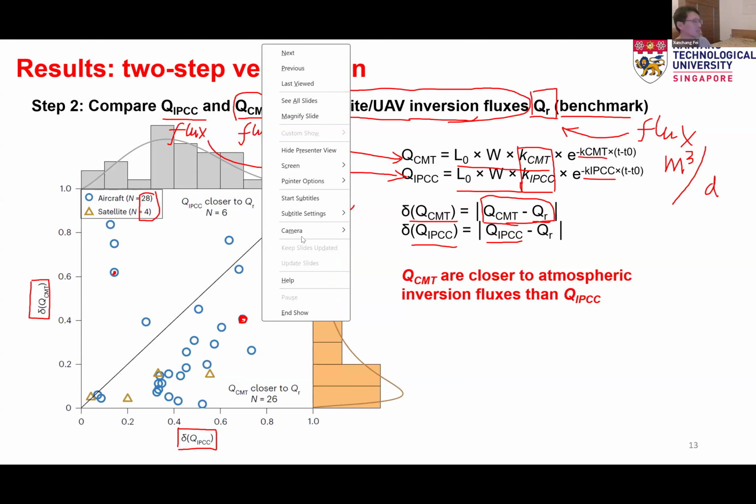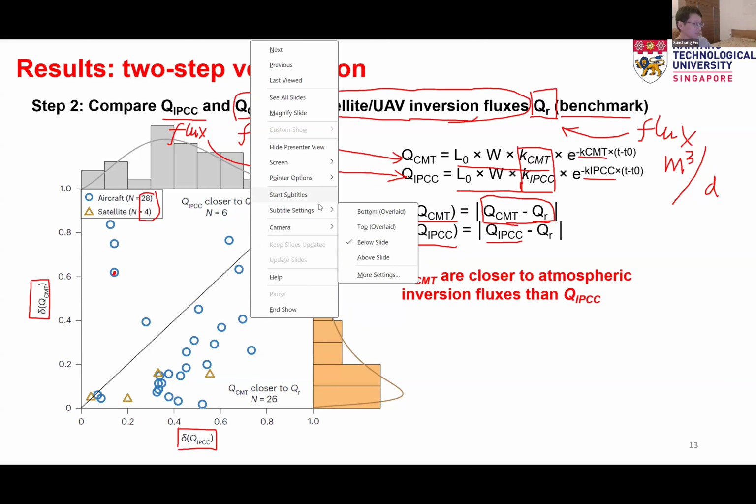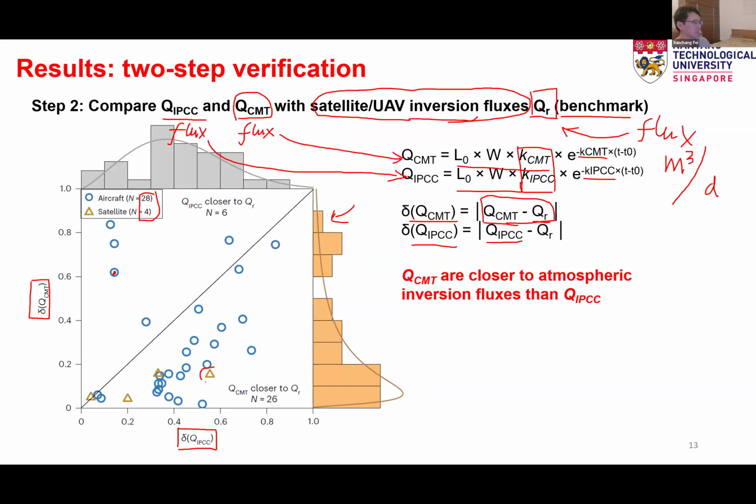Oh, wait, let me actually take a satellite point, one of the brown triangle points. Let's say, for example, this one here. By the way, I believe this is probably the Pakistan site, PK site, from the Science Advances paper, and there is another Argentina site here, somewhere here, I guess.